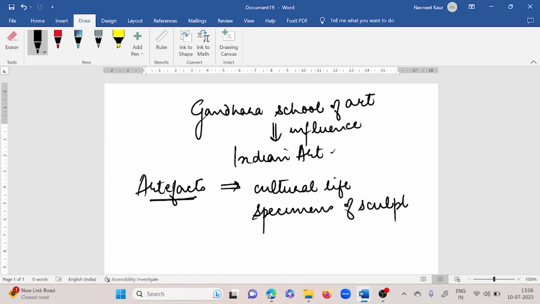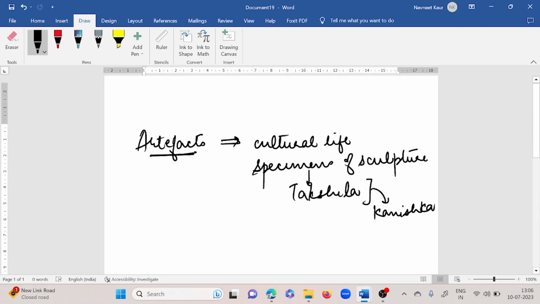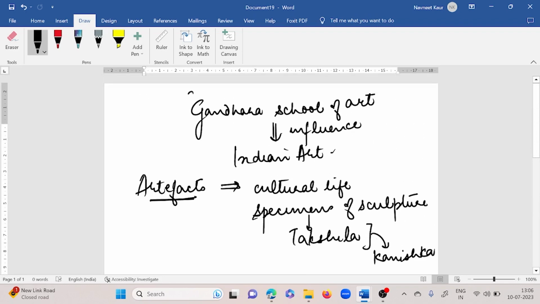Where do we find that? We found that at Takshila. At what period did it belong? It belonged to the period of Kanishka. And what did it tell us? It threw light on the beauty of Gandhara school of art and its influence on the Indian art.